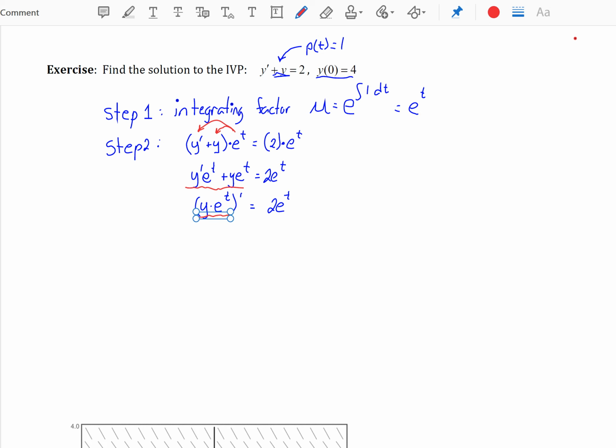Take the derivative using the product rule. The derivative of the first is y prime times the second regular, plus the derivative of the second, and the derivative of e to the t is e to the t, times the first regular. So we'll verify this always works.